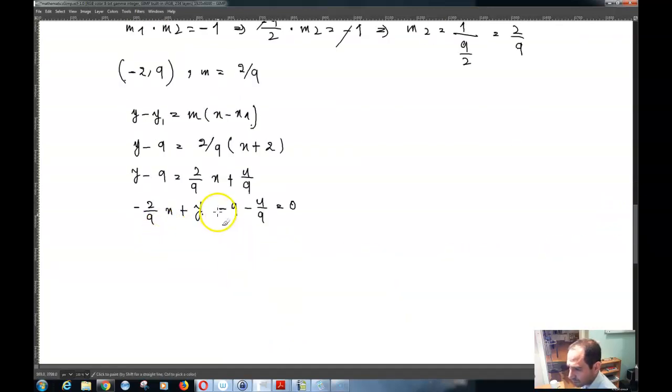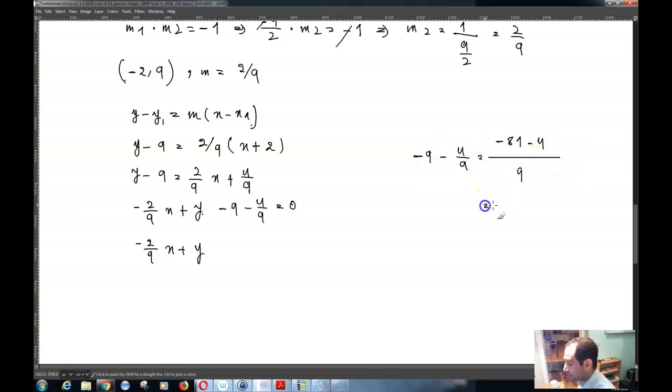Negative 9 minus 4/9 is negative 81 minus 4 over 9, which is negative 85/9. So negative 2/9 x plus y minus 85/9 is equal to 0.